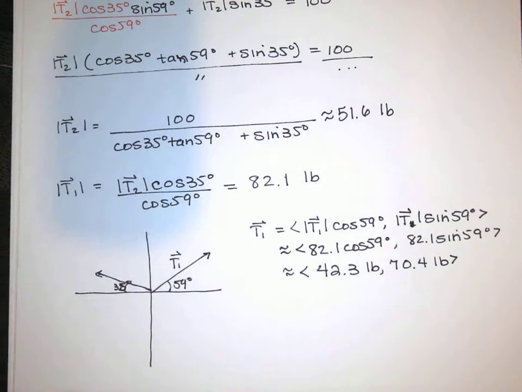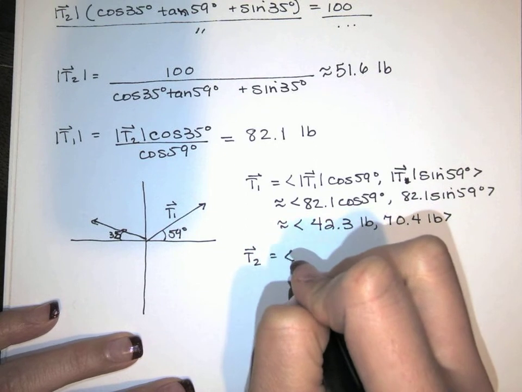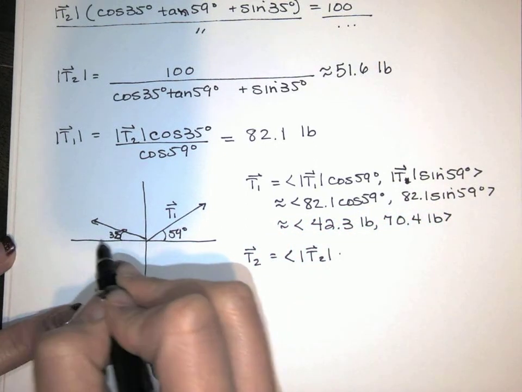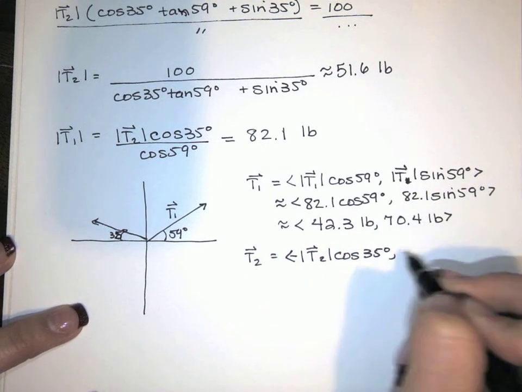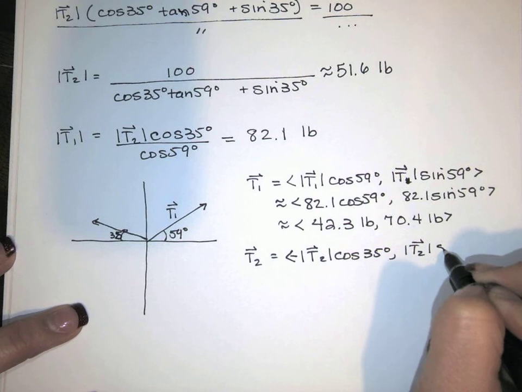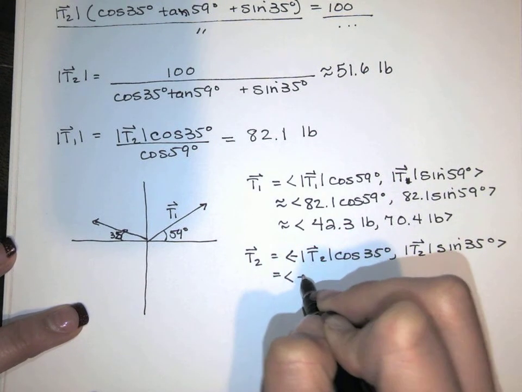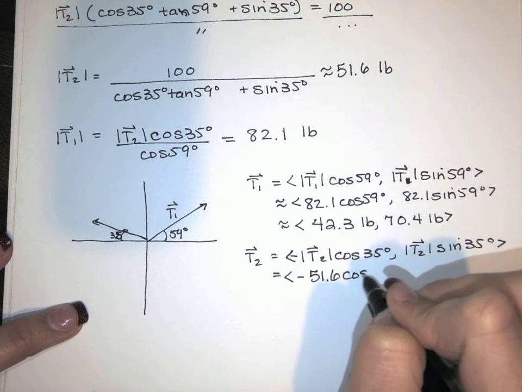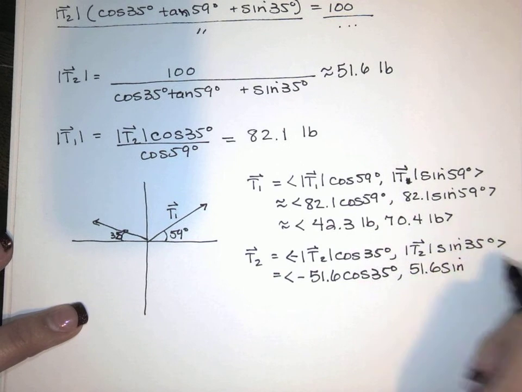Okay. And T2 looks similar. We had a cosine of 35, but it was negative because it was going in the negative x direction, right? And the magnitude of T2, according to our algebra up here, was 51.6. And let's make sure everything is what it's supposed to be.